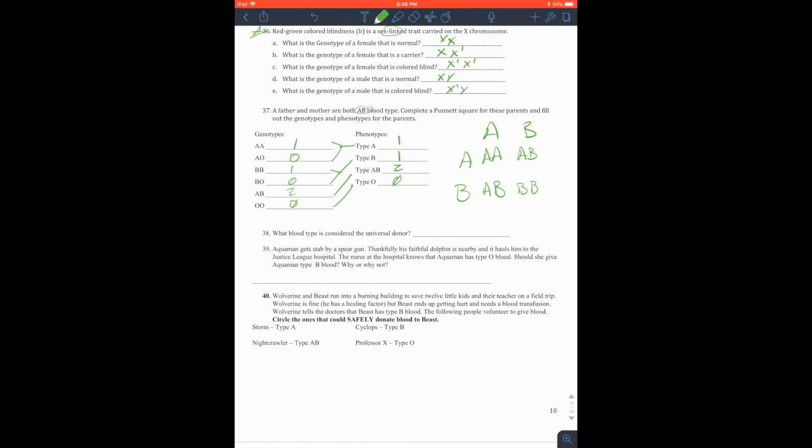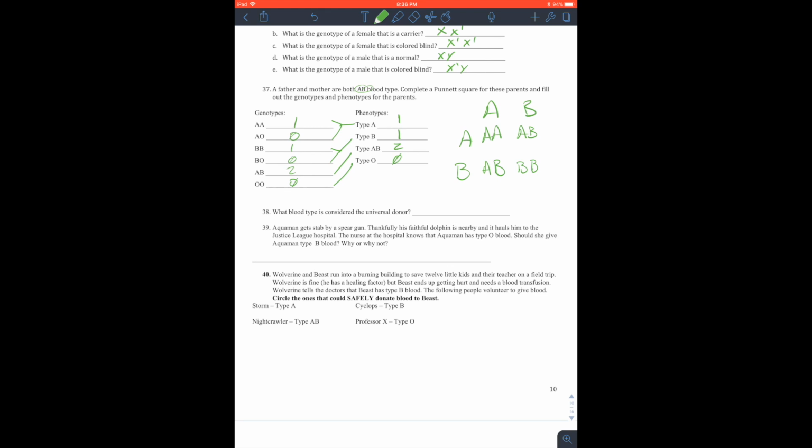What blood type is the universal donor? Okay, so what's going to be the universal donor in this case versus the universal recipient? Let's look at this. I have to think about type A blood has a certain shape to it, and it contains anti-B.